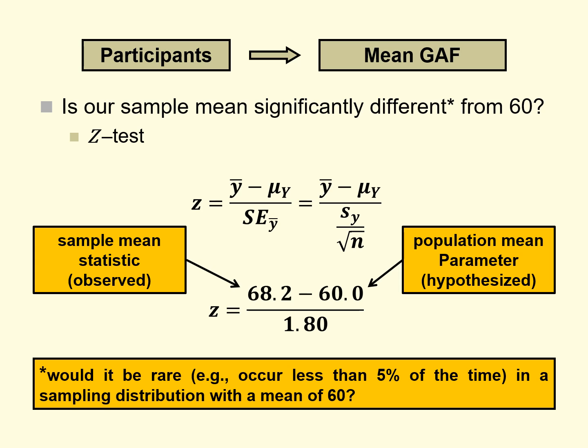We've got 60 people overall. And the z-test is allowing us to ask, is this a statistically significant difference? Or put another way, would it be rare? Would it occur, for instance, less than 5% of the time in a sampling distribution that we draw a sample mean of 68.2 if the center of that sampling distribution was 60?